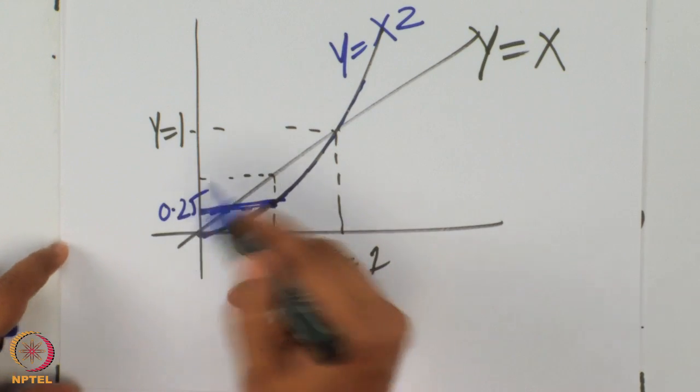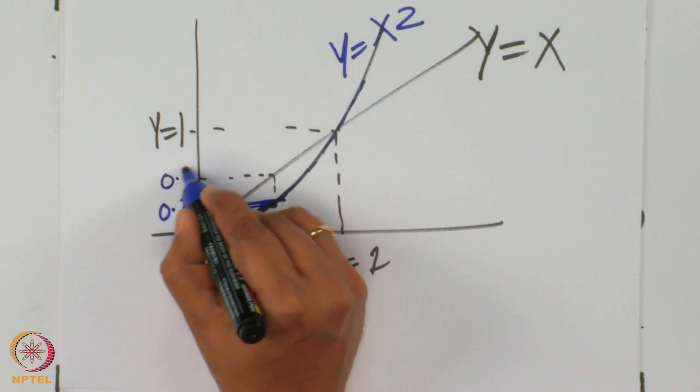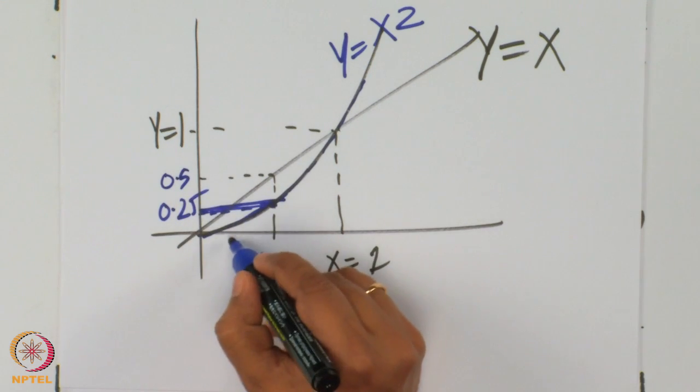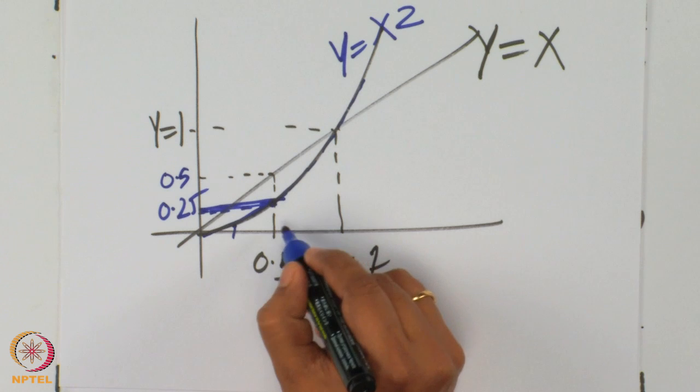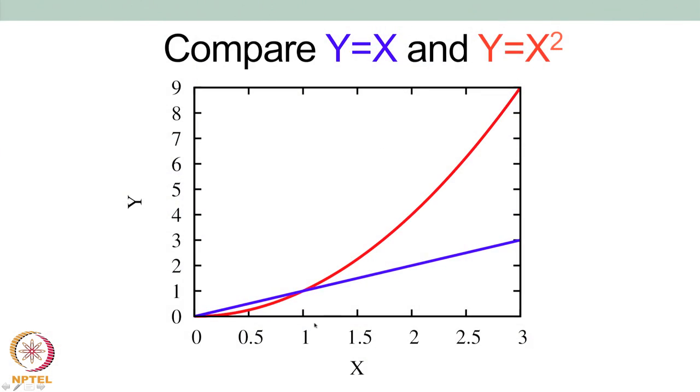Since I drew this, the axis values may not be very nicely scaled, but you can imagine that this is less than 0.5. This is below 0.5. Similarly here 0.1 square and 0.2 square and so on, you can think about it. So the point here is that when x is less than 1, the y value is below this blue curve, and when x is larger than 1, the x square curve is above the blue curve. So this is the thing that you should understand.